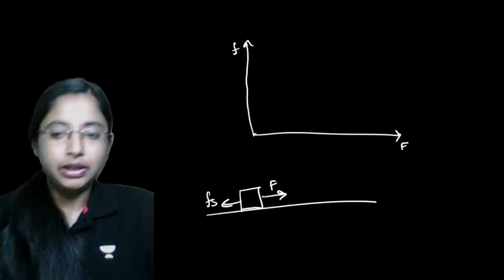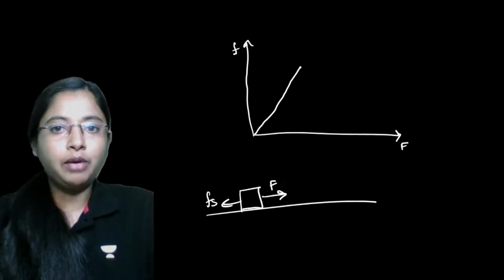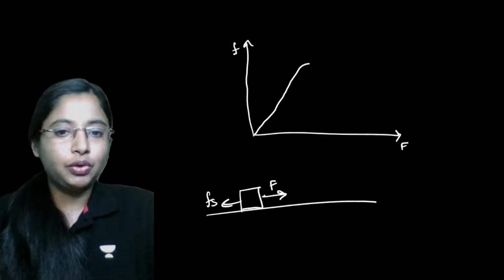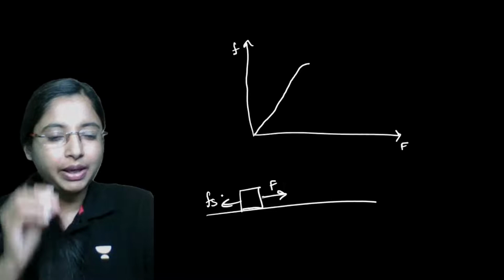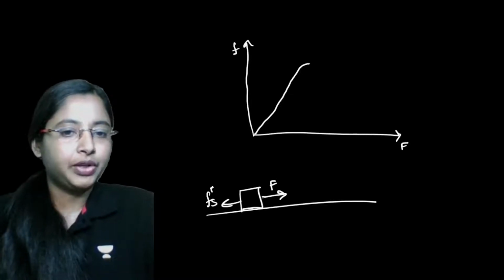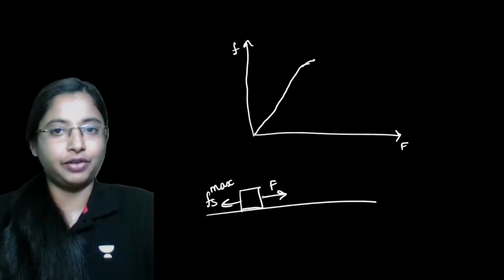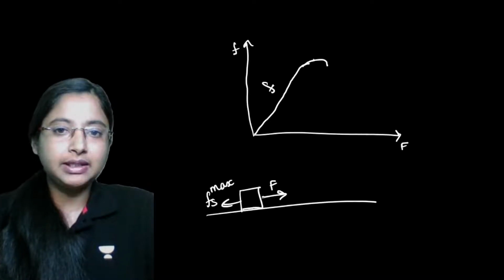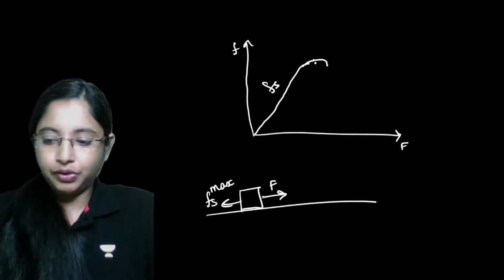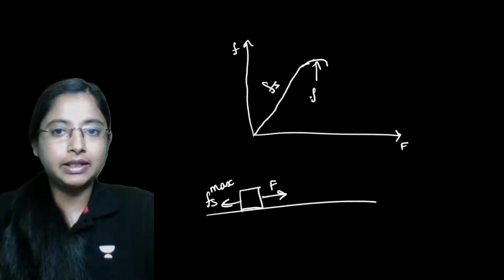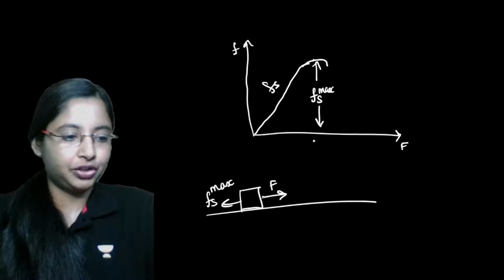So this keeps increasing, and at one point you apply a force for which the object just begins to move. What you have is maximum static friction, so this is limiting friction.